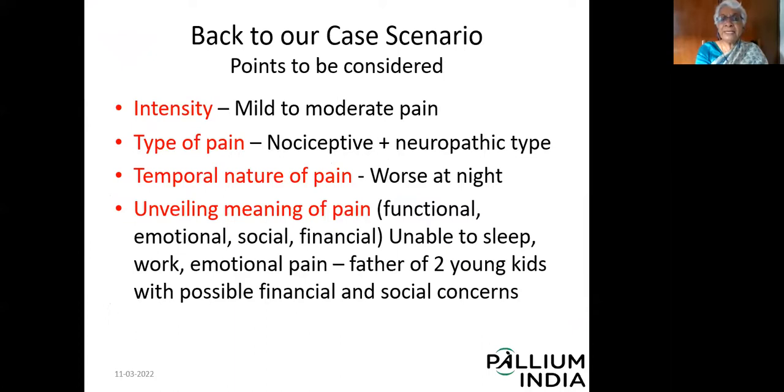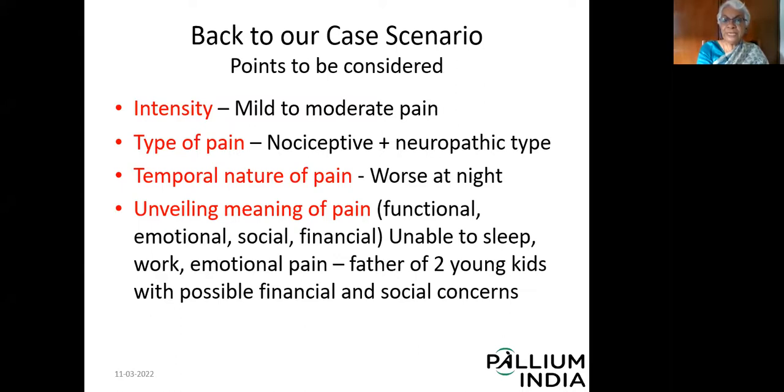So the points to be considered in this patient are the intensity of pain. Intensity is mild to moderate, based on the NRS score. The type of pain is both nociceptive and neuropathic. Neuropathic because he had that burning along the arm also. The temporal nature of pain: it was worse at night. And unveiling the meaning of pain, that is, whether there were functional, emotional, social, and financial concerns.